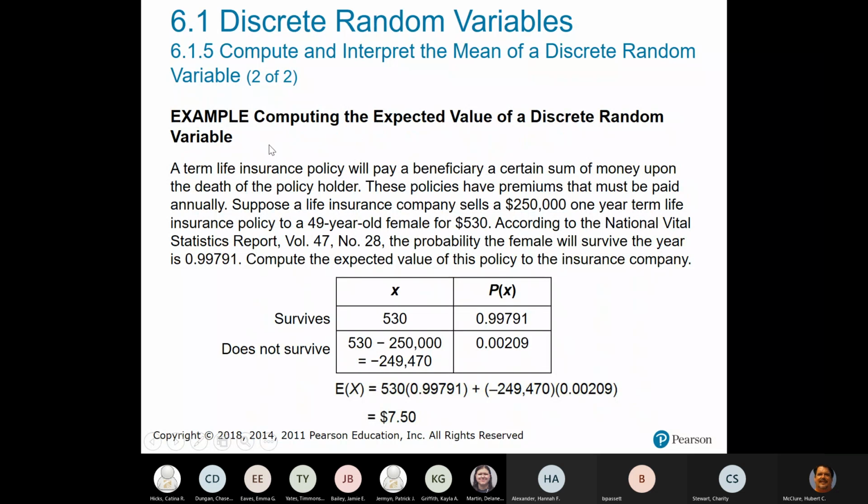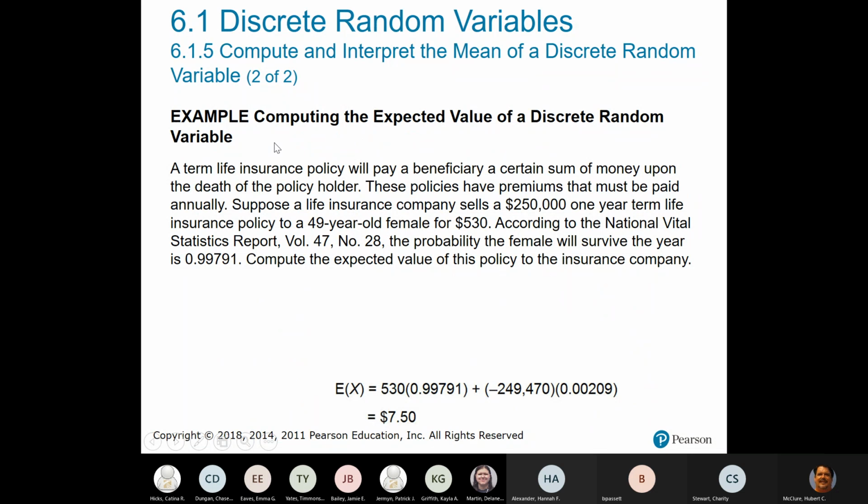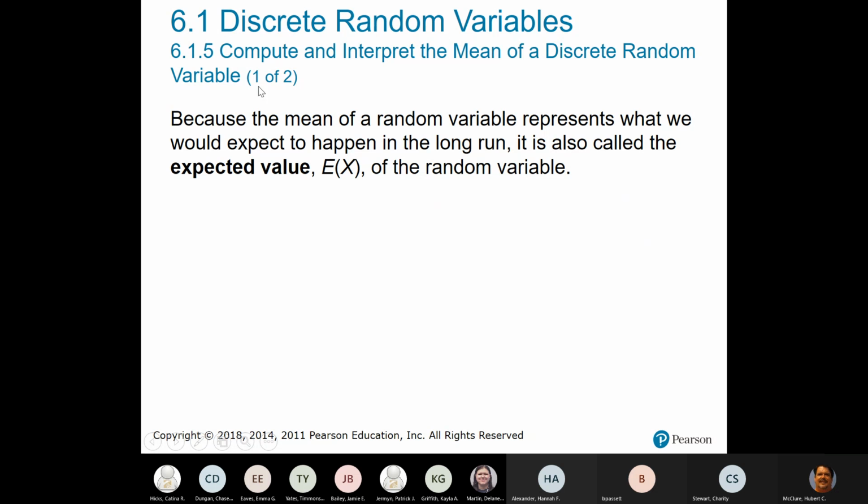Okay, you need to write down the expected value, because you will see this question on a standardized test. Write this down. Because the mean of a random variable represents what we would expect to happen in the long run, it is also called the expected value. The mean is equal to the expected value.